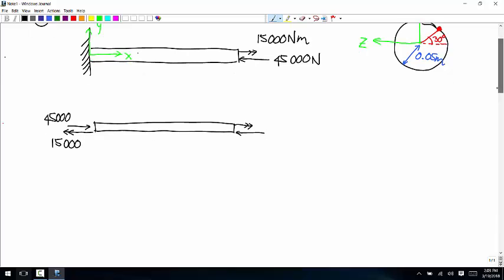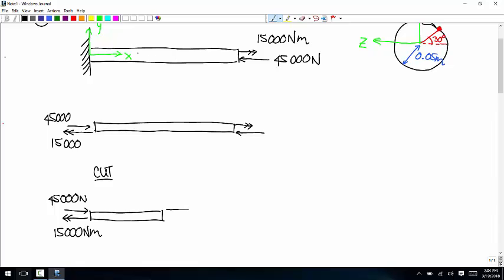And then wherever you make the cut, you get the same thing. You have 45,000 newtons pointing to the right and a torque of 15,000 Newton meters to the left.